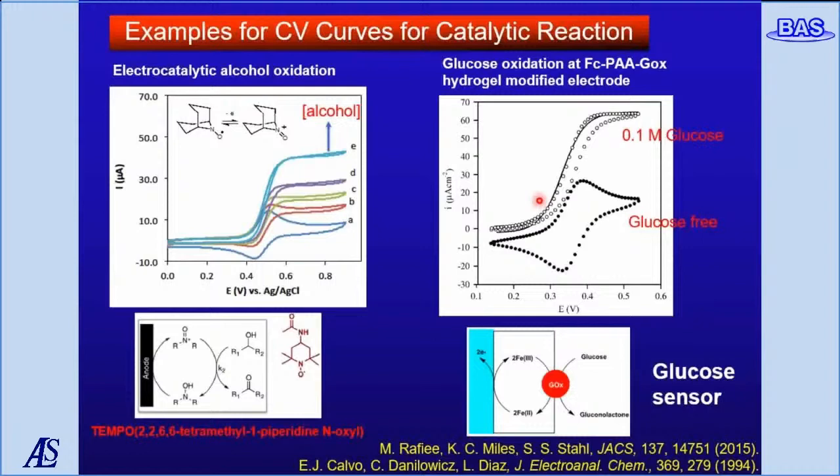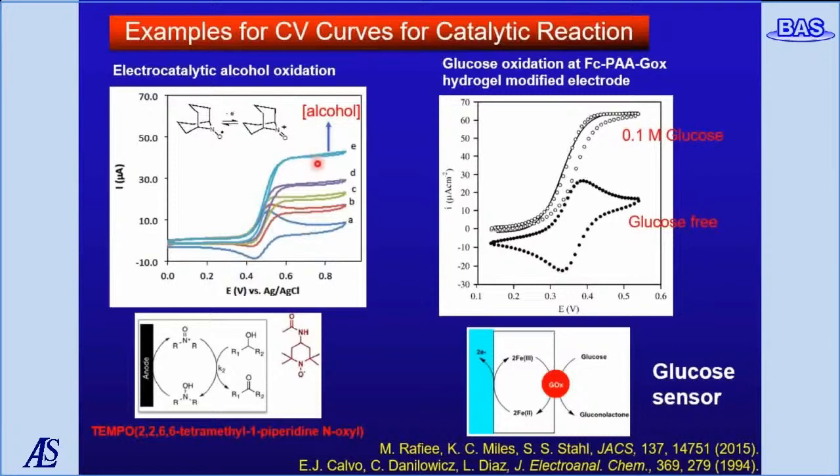The first example is the CV of the oxidation of alcohol catalyzed by 2,2,6,6-tetramethyl-1-piperidinyloxyl, called TEMPO, as the electrocatalyst. The reversible wave of TEMPO, which initially appeared around 0.5 volt, becomes irreversible as more alcohol is added, and the current value increases with increasing alcohol concentration, reaching a plateau.